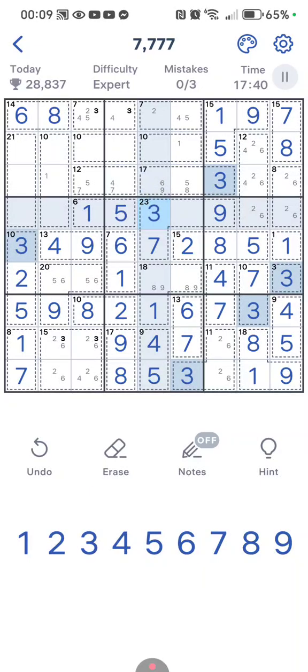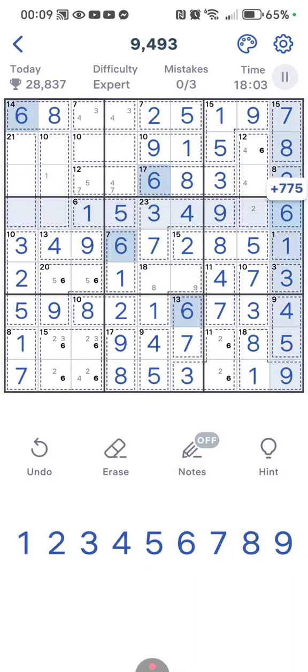And then 4. Yep. 5 and 2. 1. 9. That's 6. That's 8. 2 and 6.